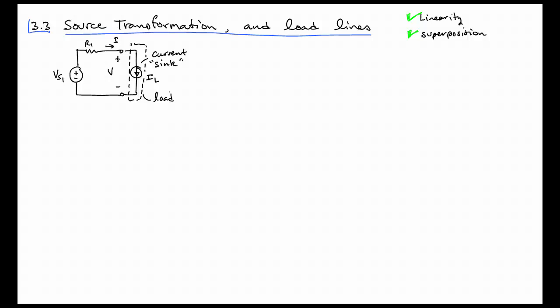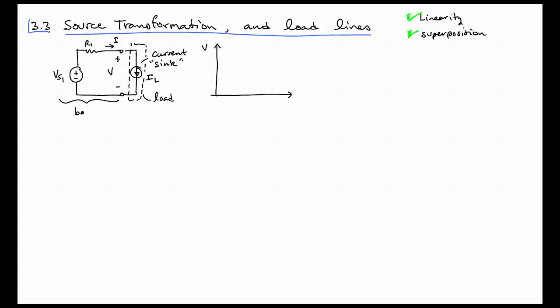Now you could think of VS1 and R1 maybe like a battery, like a realistic battery that has an internal voltage and then internal resistance to it. But what we're interested in here is to answer the question, what happens to the voltage V? So that would be if this was treated as a battery.